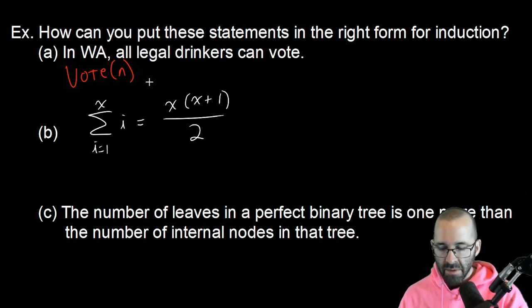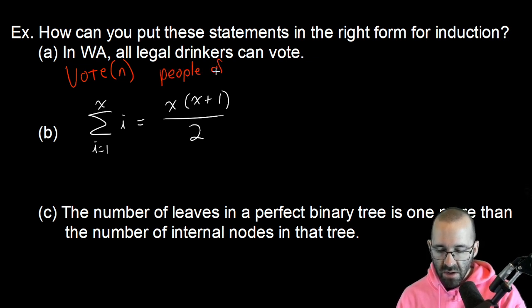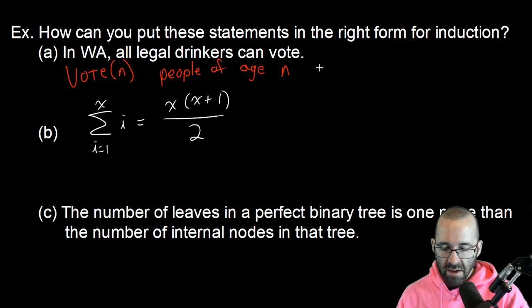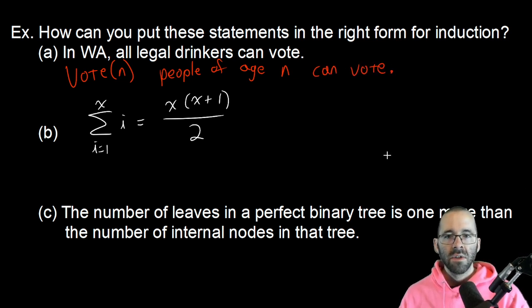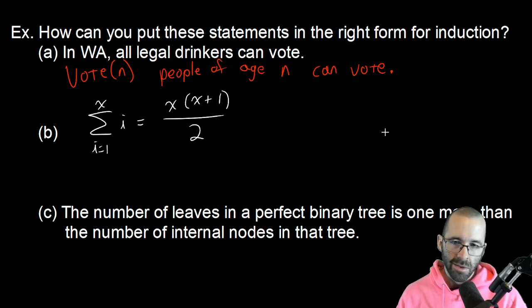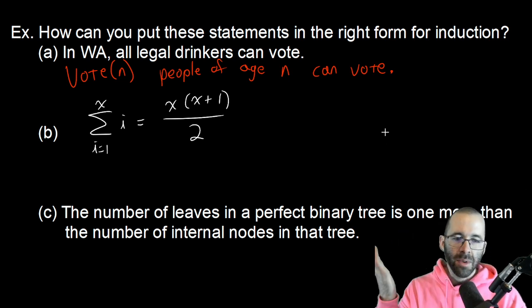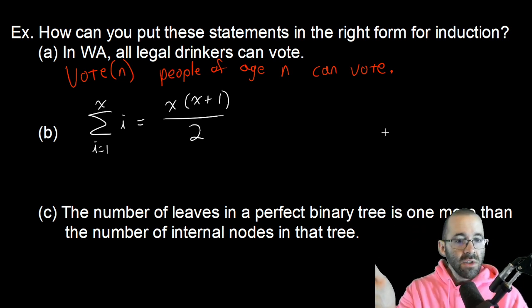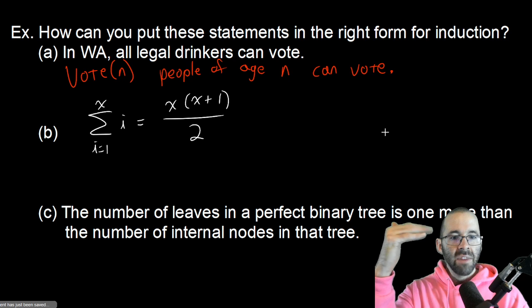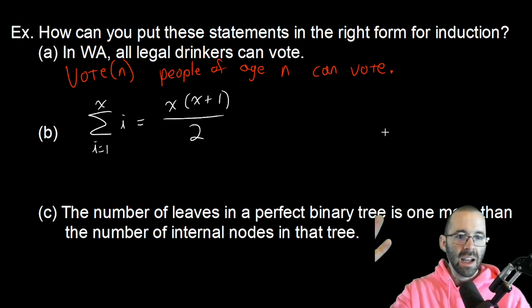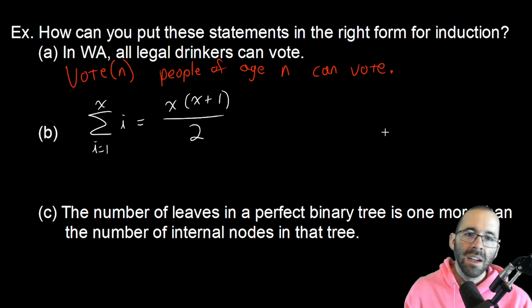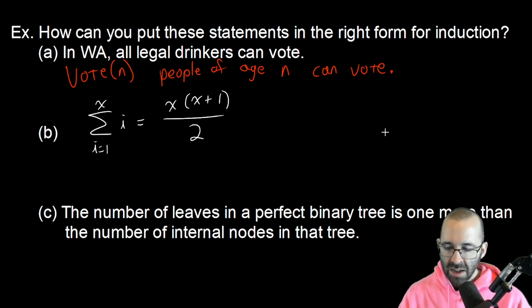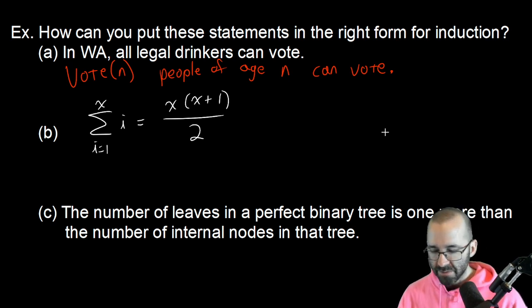Let's say this is the predicate that people of age n can vote. So if this were true, and again, this is not actually true, we could say that people of age 21 can vote. And then if you're at some voting age, then next year you can still vote because you'll still be at that voting age. We're not aging backwards. No Benjamin Button situations over here, is how we would approach it.